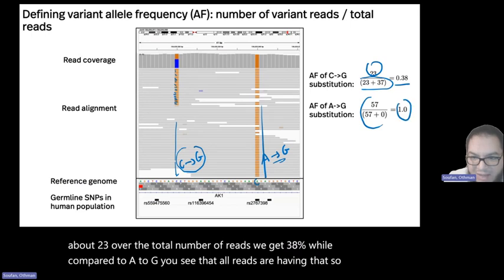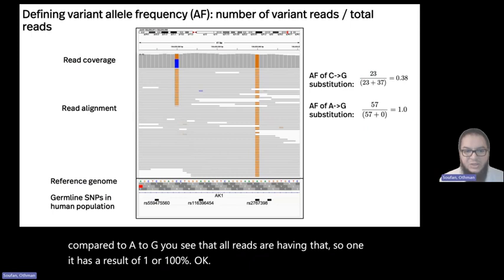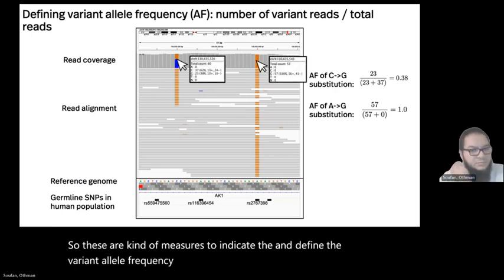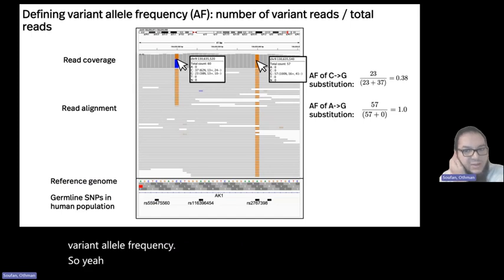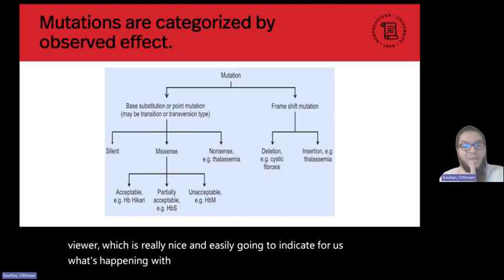So it has the result of 1, or 100%. These are measures to indicate and define the variant allele frequency. You can hover here and get these numbers from the IGV viewer, which is really nice, and it easily indicates for us what's happening with this alignment.